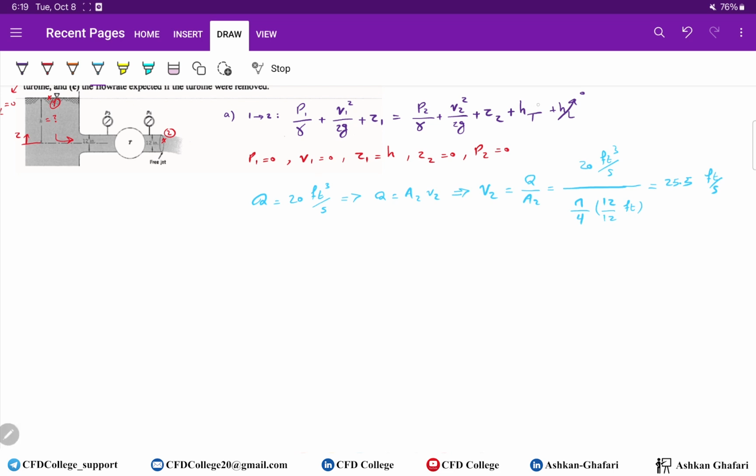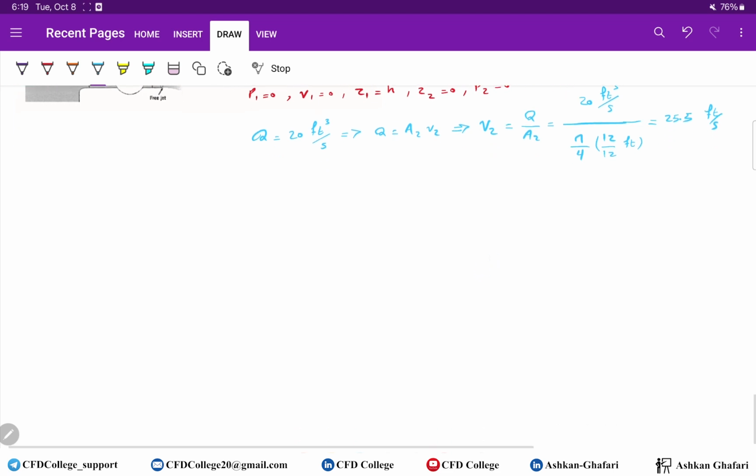The only remaining term is the head of the pump. As I mentioned, you can find the head of the pump or turbine from the net power: W dot divided by gamma times Q. So W dot equals 100 horsepower.